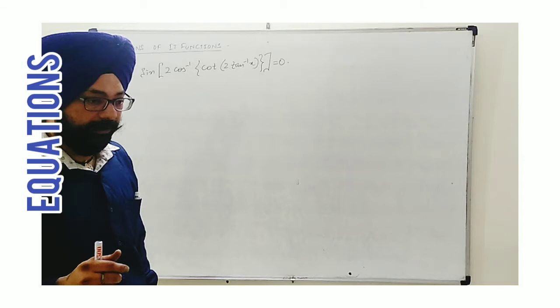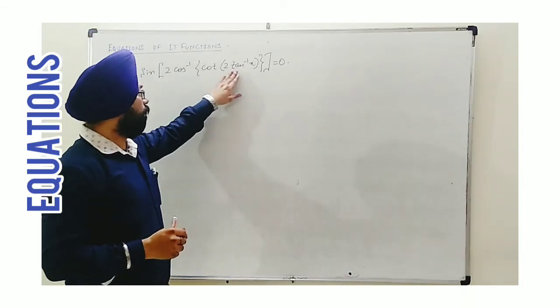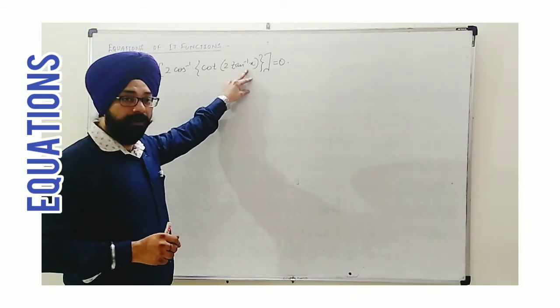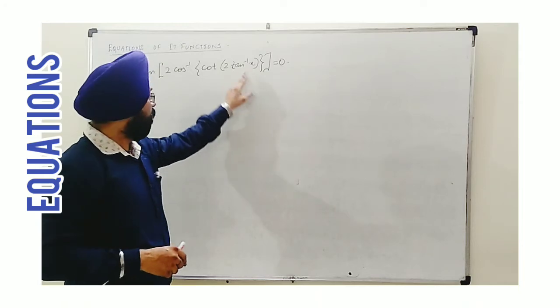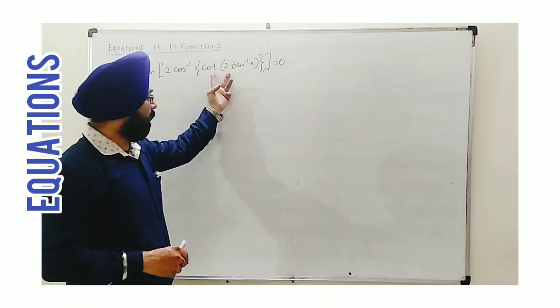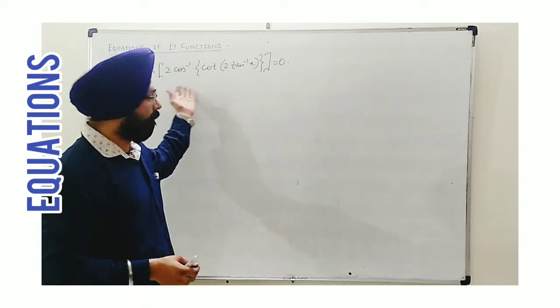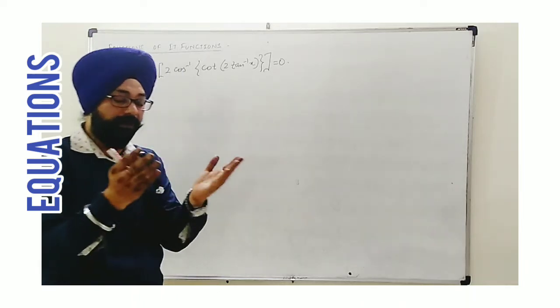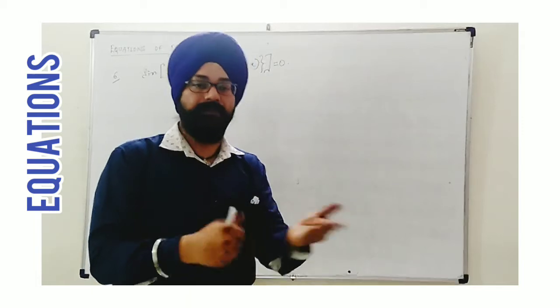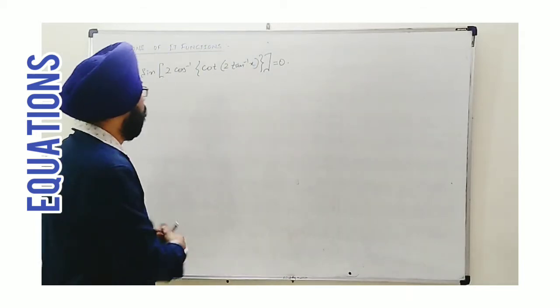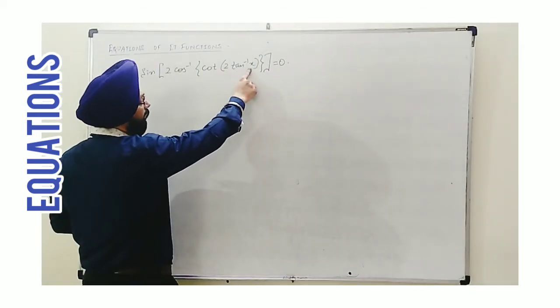In such a case, we should start from the core function, the innermost. We keep simplifying, every time we try to apply the law of cancellation, and further we are left with only one term of x. We get one equation of x that is simplified. Let's start here. This is 2 tan⁻¹ x.